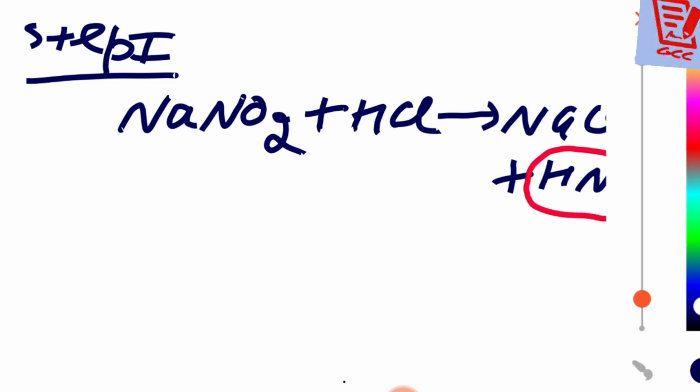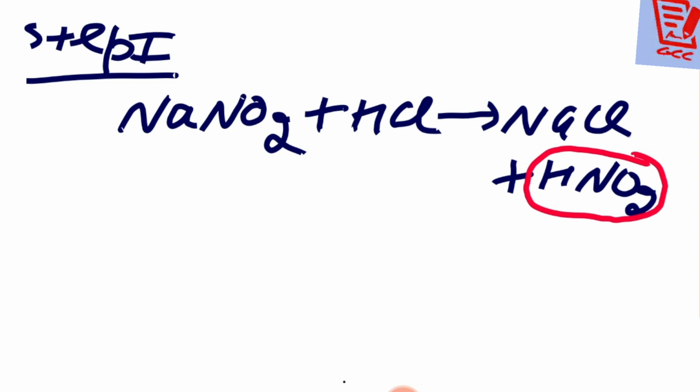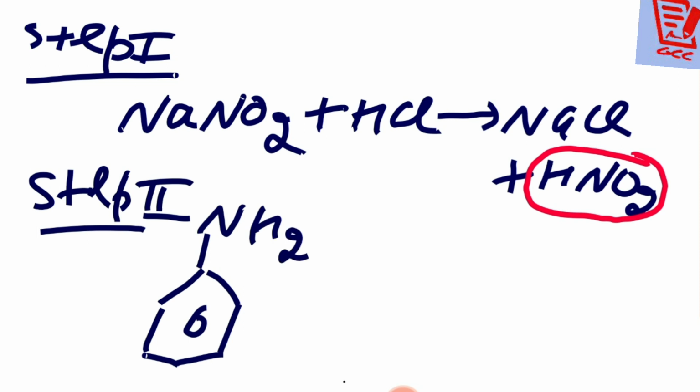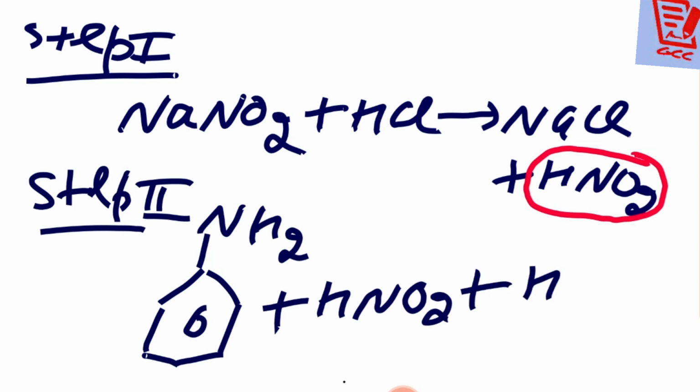Is that clear? Then after that, in step number two, we are using the aniline, C6H5NH2, plus HNO2 plus HCl. Then what product are we getting over there? I hope you all have written step number one.